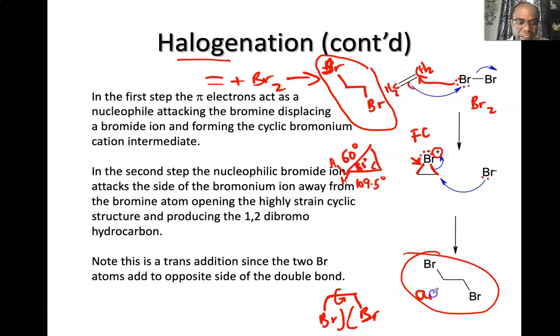So you'll see the anti product. There's no double bond, so we don't call this trans, we don't call this cis. We say this is syn instead of cis. Cis, we use that for double bonds. For these, we call it syn, which means same side, and anti, which means the groups are on opposite sides.